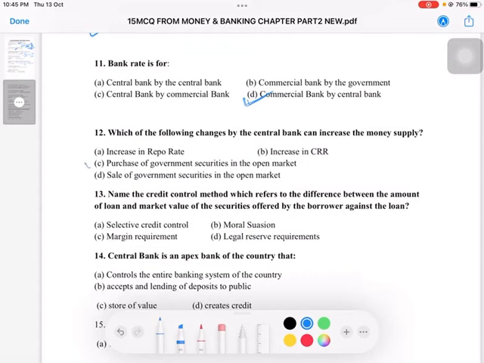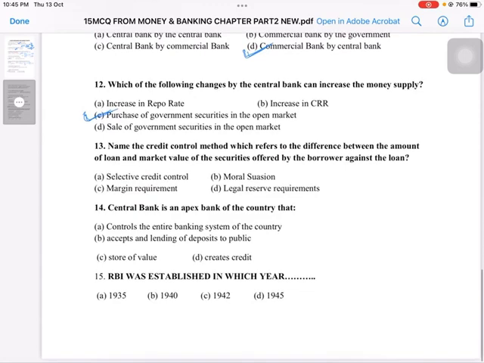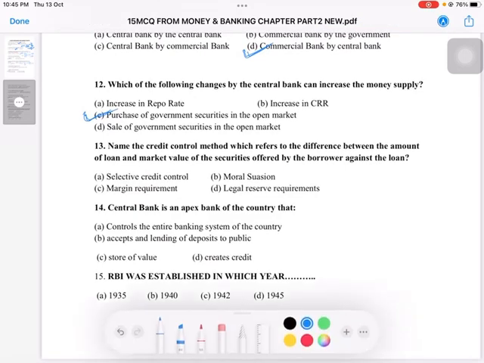Next, name the credit control method which refers to the difference between amount of loan and market value of securities offered by the borrower against the loan. Options are selective credit control, moral suasion, margin requirement, legal reserve ratio.